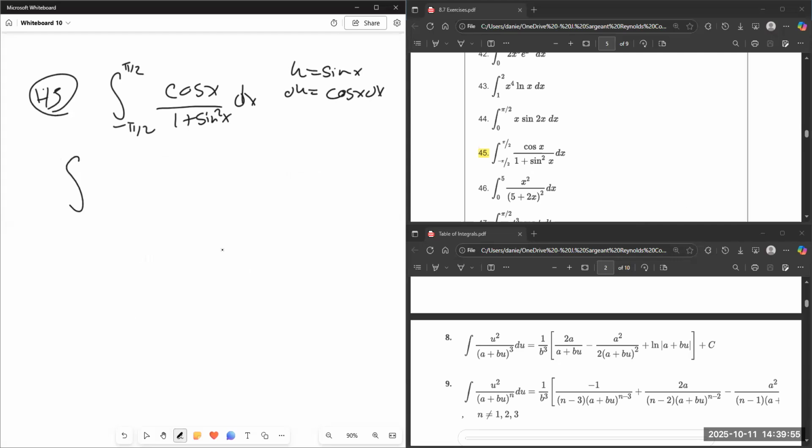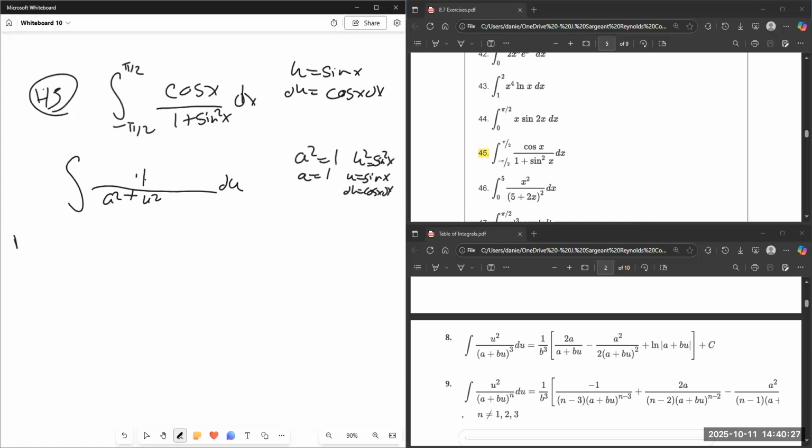And this would be in the form, I'll do the indefinite integral here of 1 over 1 plus u squared du. Let's call this a squared, where a squared is 1, so a is 1. U squared is sine squared x, so u is sine x, and du is cosine of x dx.